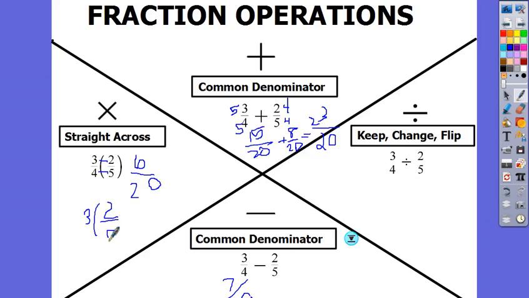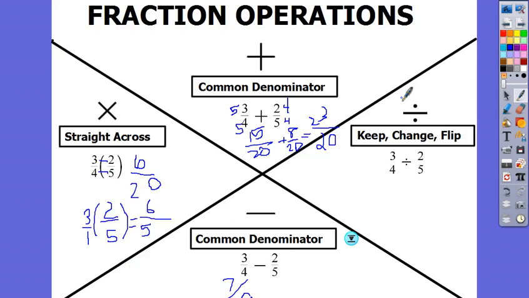You multiply straight across and think to yourself, is that 3 in the numerator or the denominator? The 3 is in the numerator, so when you multiply straight across, it just affects the numerator. The denominator would still stay 5. Another way to think about this is to take your 3 and make it into a fraction over 1, and then you can multiply straight across.